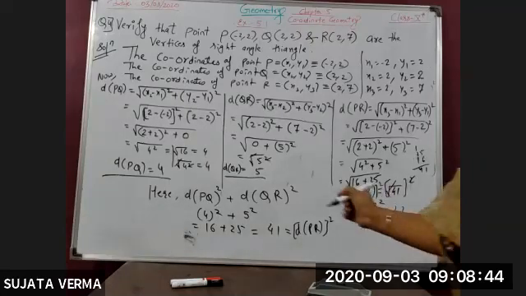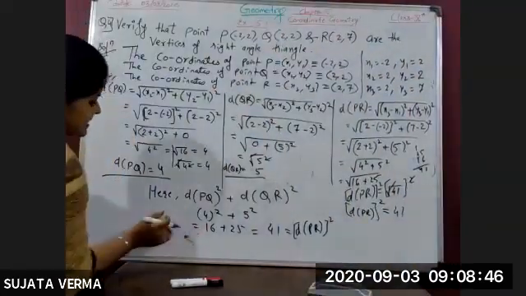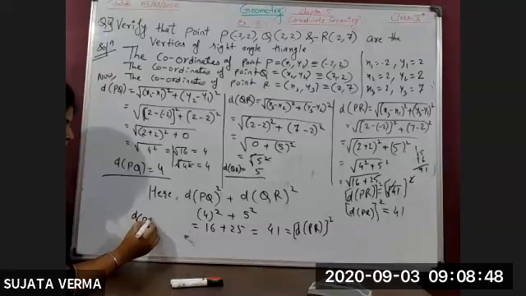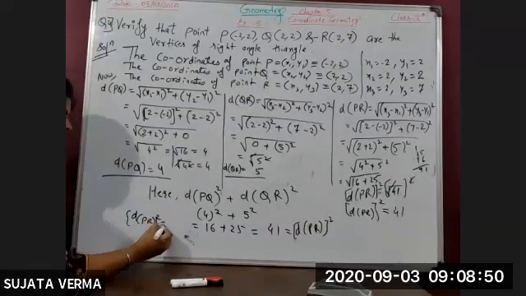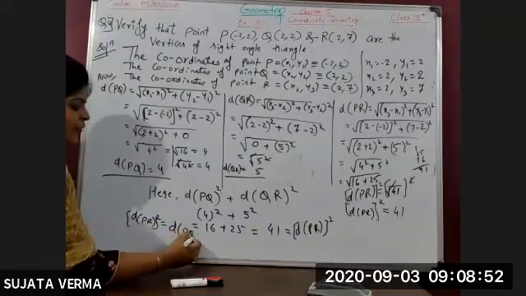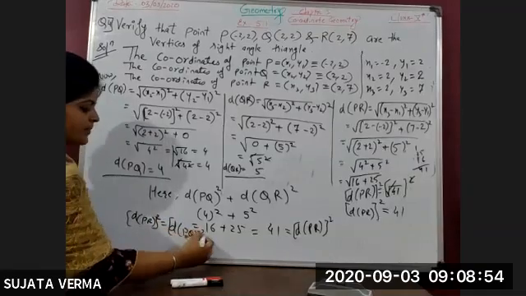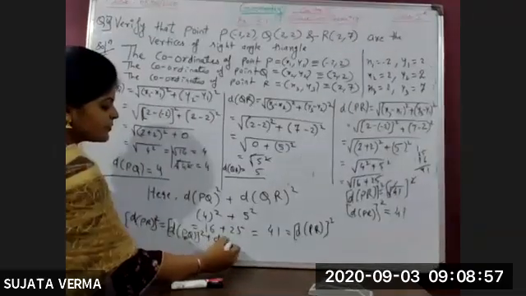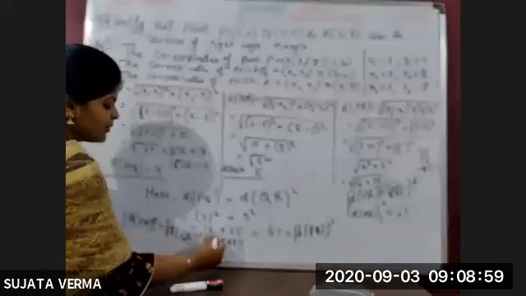So finally we conclude that the distance of PR square is equal to the distance of PQ square plus the distance of QR square.